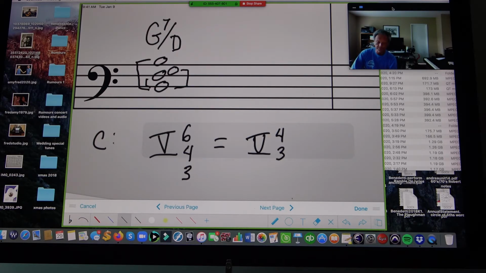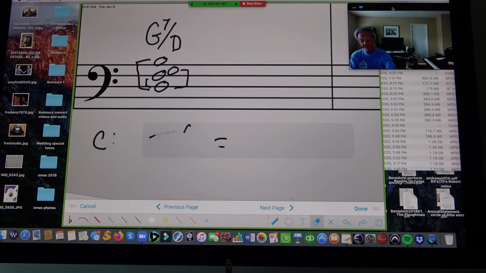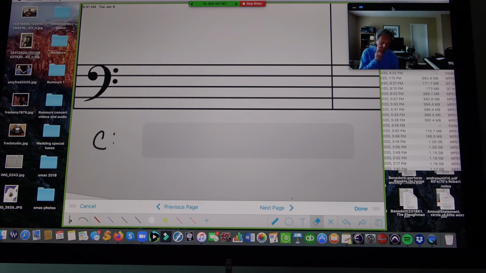Okay. And then finally, we have now third inversion, because since we have one more pitch, we've got one more inversion that we can go. And that's going to be still using the Roman numeral 5, of course. Now I'm going to start on an F because that's the 7th.